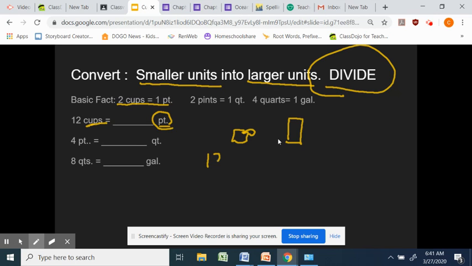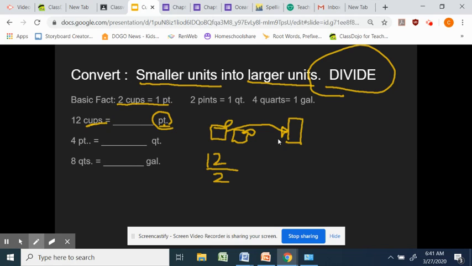So if I have 12 cups and I want to convert it into pints, I know that 1 pint is the same as 2 cups. So if I have 2 cups, that means I can fill up 1 pint. So what I'm going to do is divide. If I have 12 cups, I want to put it in pints, I'm going to divide it by 2 because I know that 2 cups is equivalent to 1 pint.